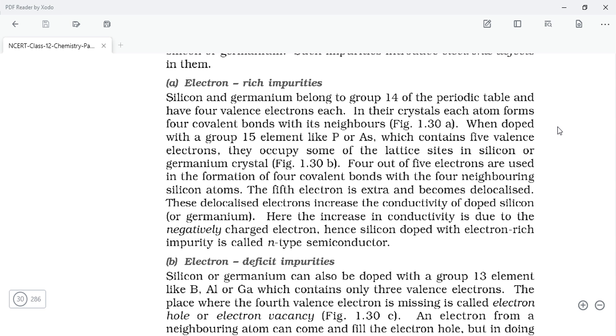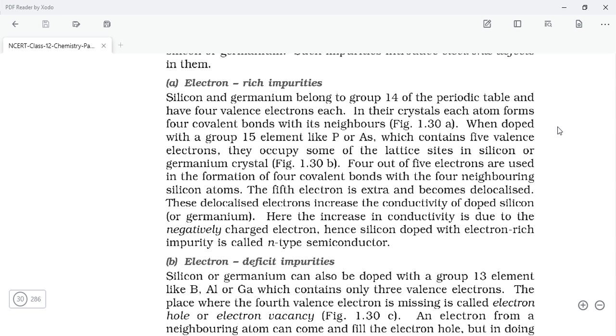Here the increase in conductivity is due to negative charge, electrons. Here silicon doped with an electron rich impurity is called an n-type semiconductor. So with electron rich impurities, you add a kind of atom which has more valence electrons than the present intrinsic semiconductor, then it will make the lattice or substance more electron rich.